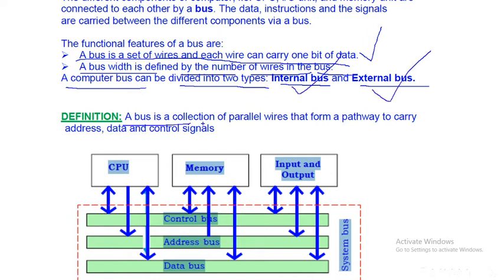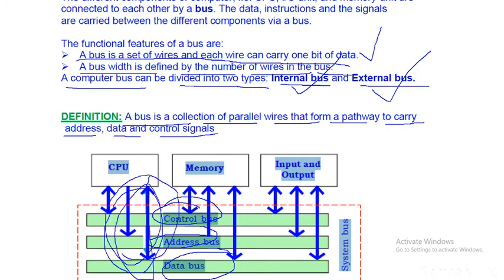Definition: a bus is a collection of parallel wires that form a pathway to carry address, data, and control signals. These are control signals, address signals, and data signals. In order to carry them, we require a bus, parallel wires.